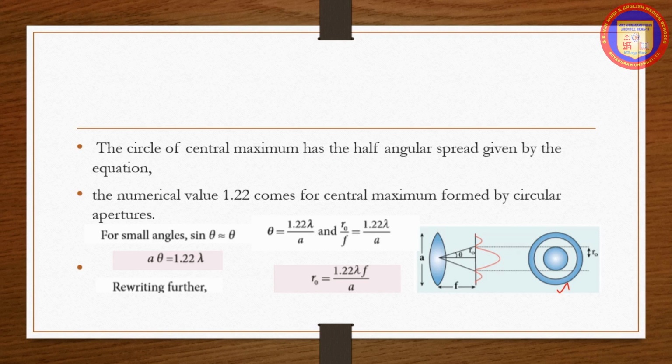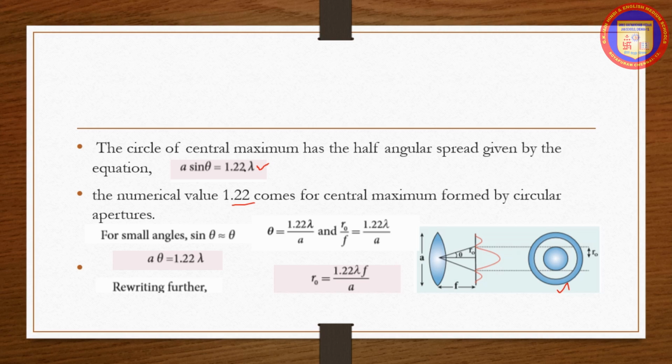The circle of central maximum has the half angular spread given by the equation a sin theta is equal to 1.22 lambda. Here the numerical value 1.22 comes from the central maximum found for circular apertures. This involves higher level mathematics which we discussed in other chapters.